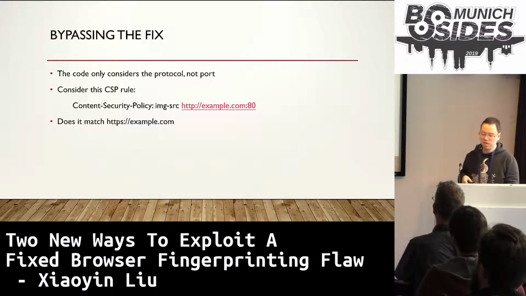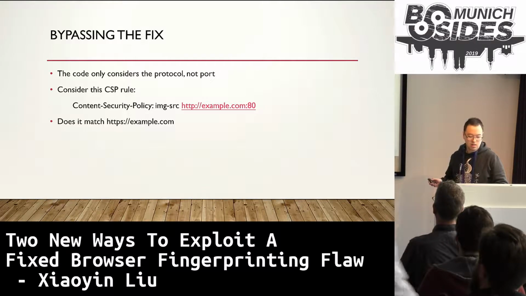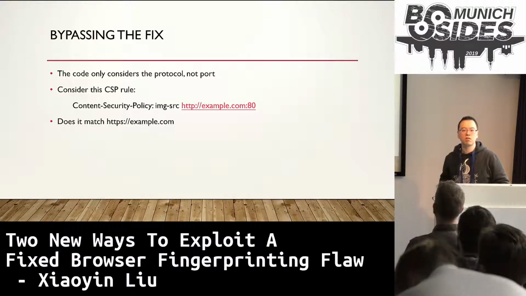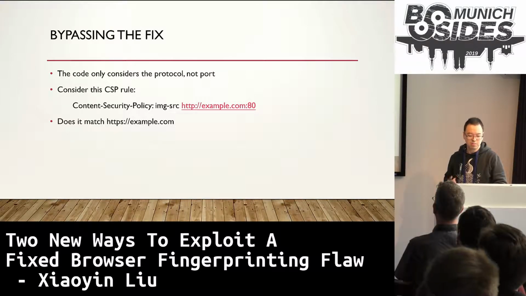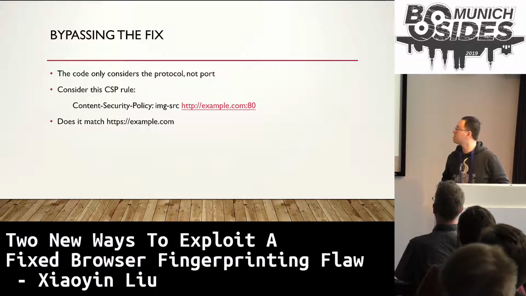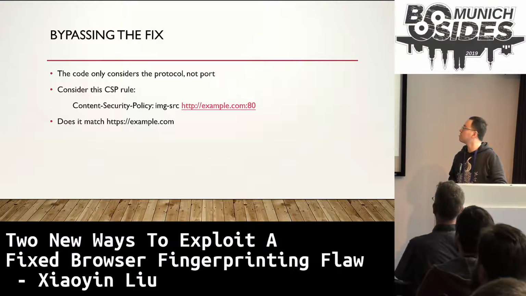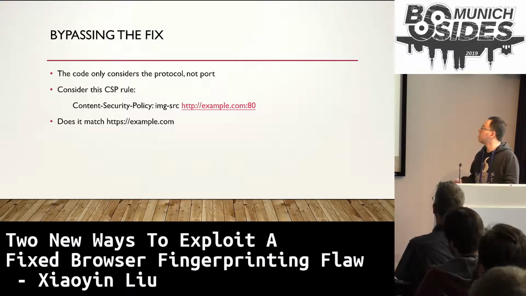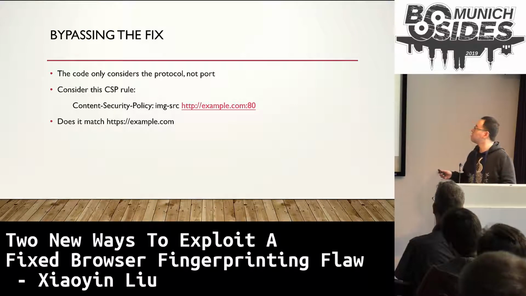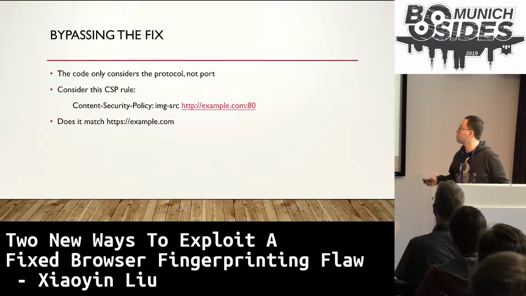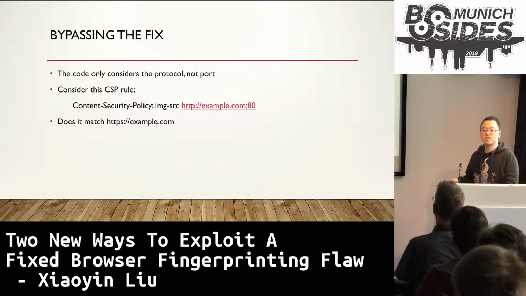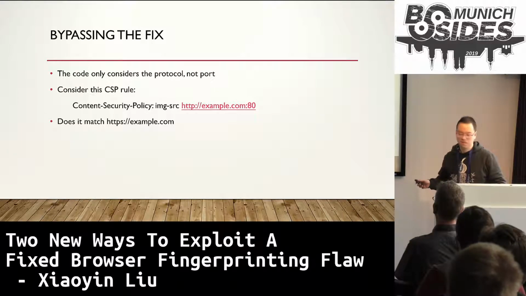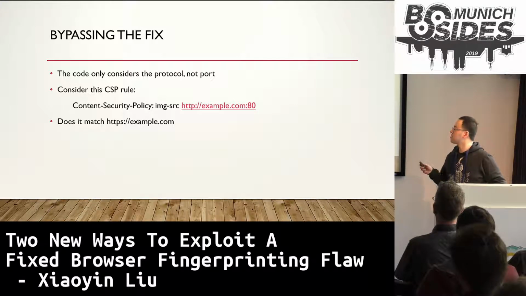Okay, so next, how I bypassed the fix. I realized that the code only considers the protocol part, not the port part. So let's consider this CSP rule, Content-Security-Policy img-src. Basically I just add the port number 80 to this URL. And now the question is, does this one match HTTPS example.com?